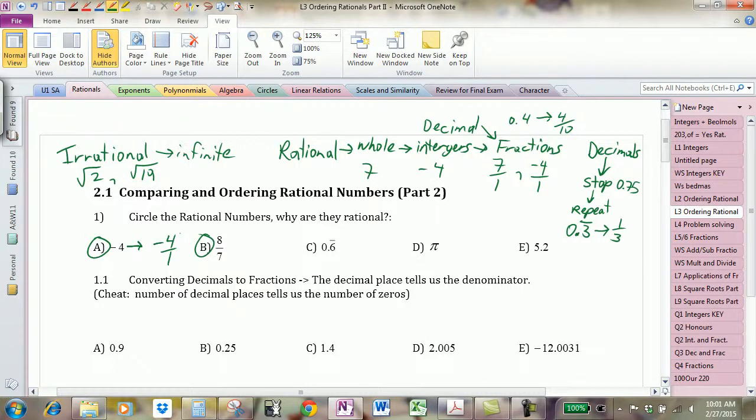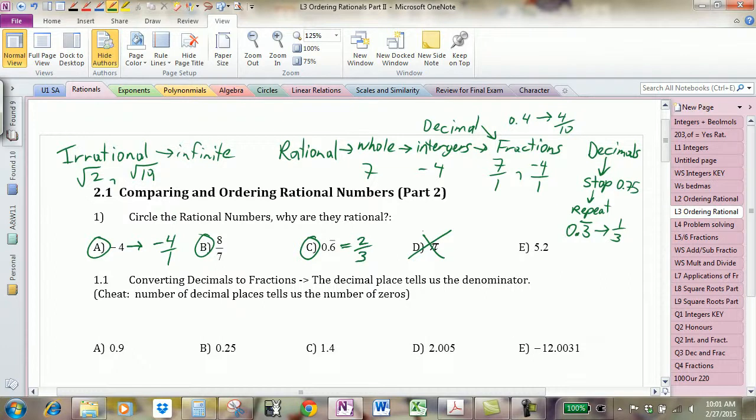What about 0.6 repeating? What is that as a fraction? It's repeating, so it's definitely rational. And the fraction is 2/3. We looked at that one yesterday. So 0.3 repeating is 1/3. 0.6 repeating is 2/3. That's a good pattern to notice. What about pi? No, it goes forever. It's not rational.